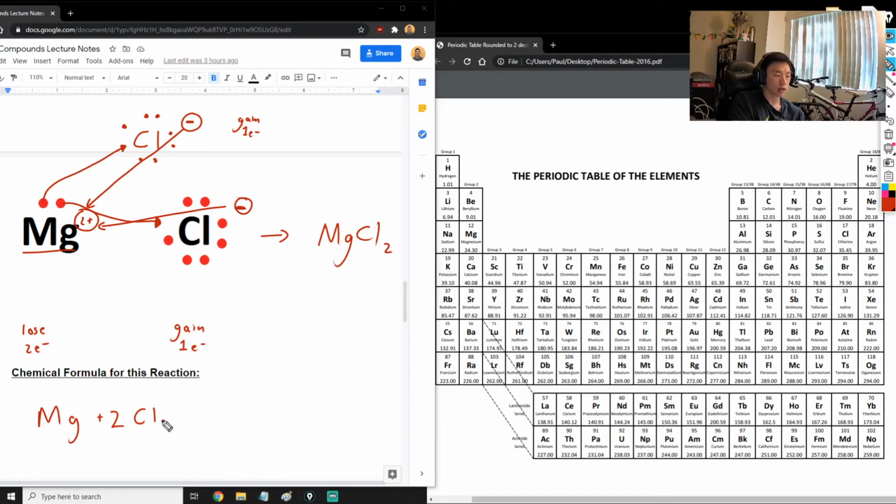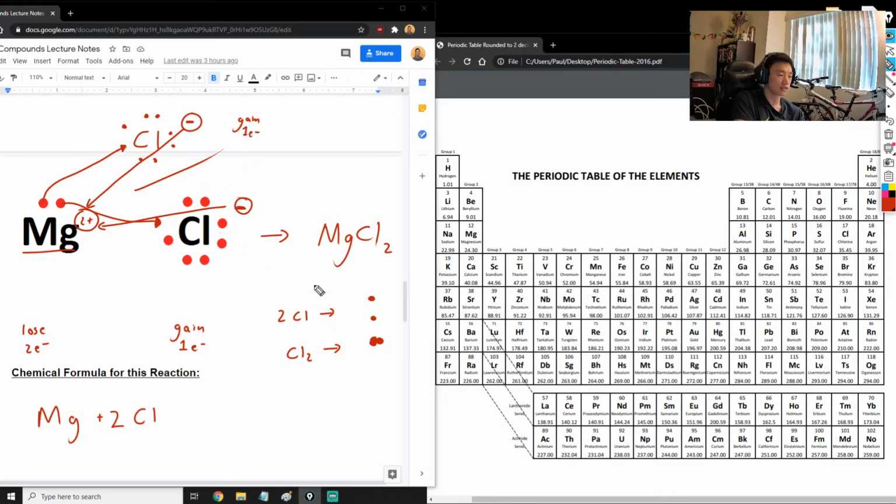You're not going to write Cl2, you're not going to write a 2 on the bottom, because this is the difference. If you write 2 Cl's, that means we have 2 different chlorine atoms, right? So we have 2 different chlorines. But if we wrote Cl2, that means we have a molecule where the Cl's are connected together. And as you can see, the Cl's here are not connected together. They started off separately.